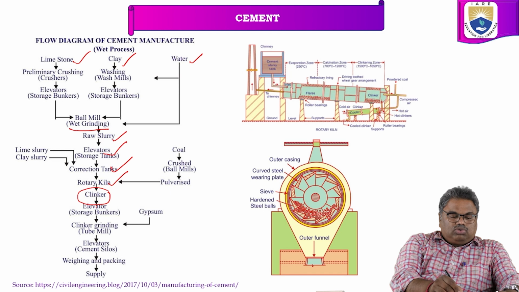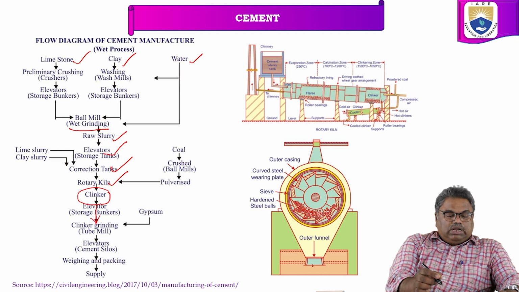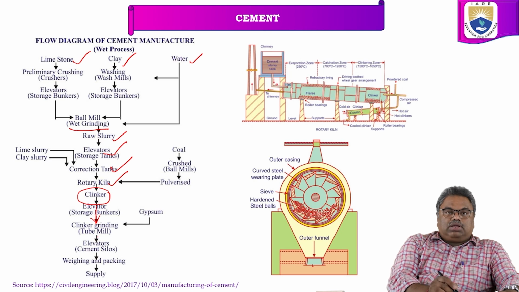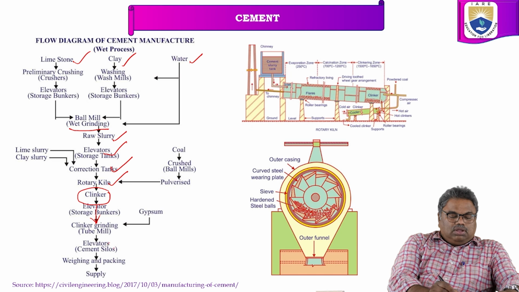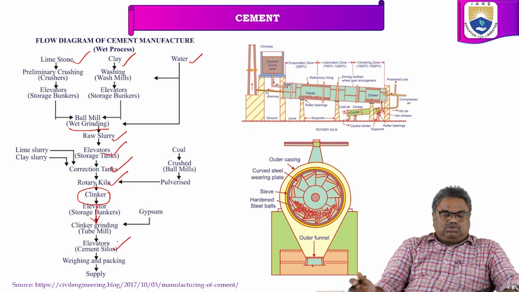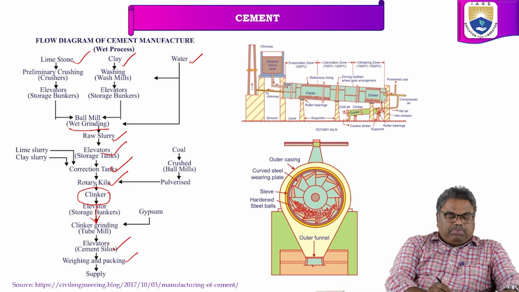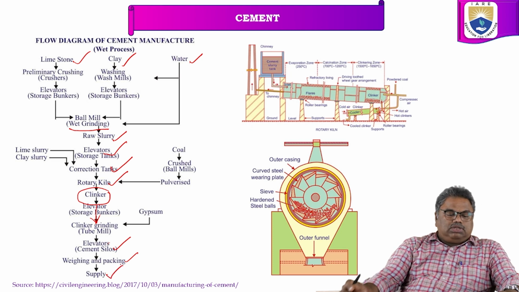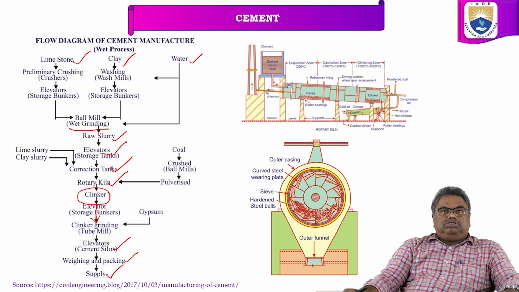Then it goes to grinding, and after grinding of the clinkers, we have the cement silos, then packing and supply. So this is the wet process of cement making.